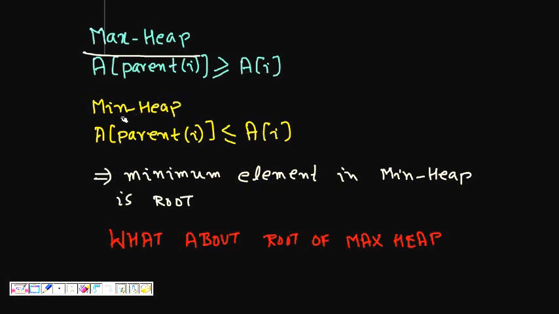That is a max heap. And for a min heap, the value stored in the parent of a node i is always less than or equal to the given node. So the minimum element in a min heap will be in the root, because the value stored in the parent is always less than or equal to its children. So what about the root of a max heap?